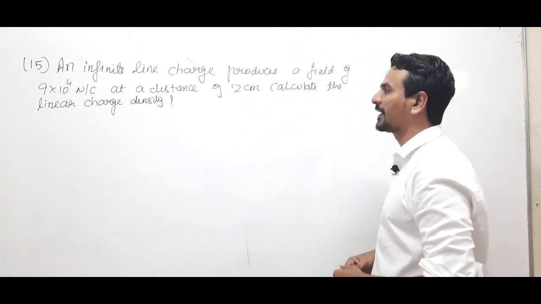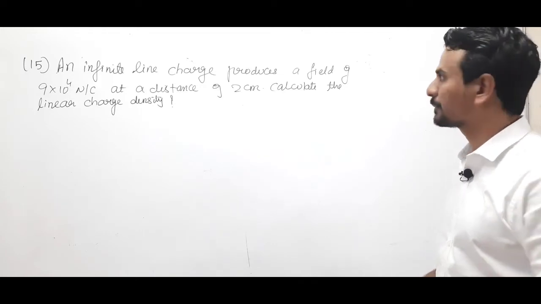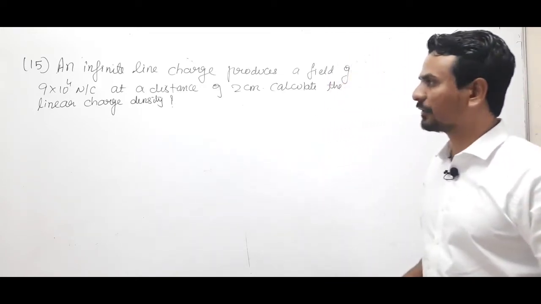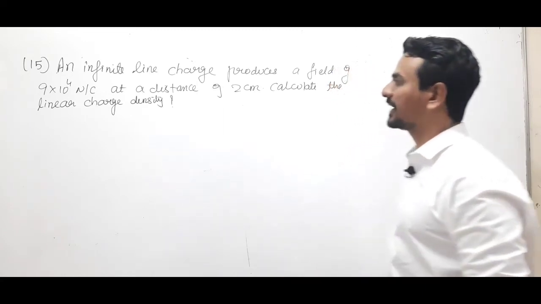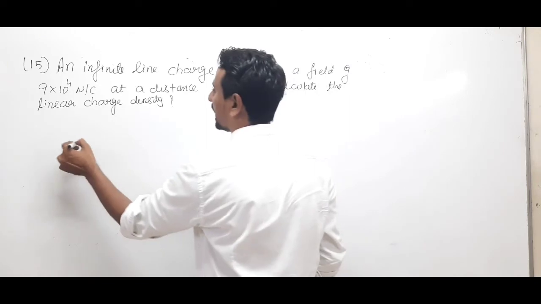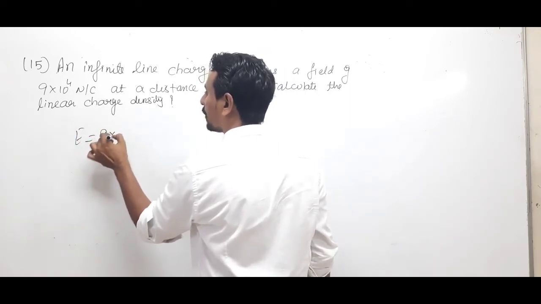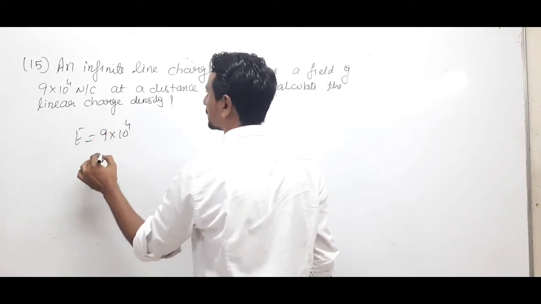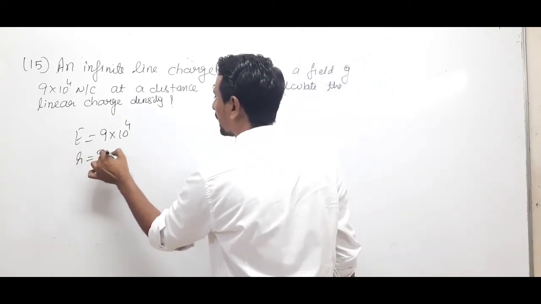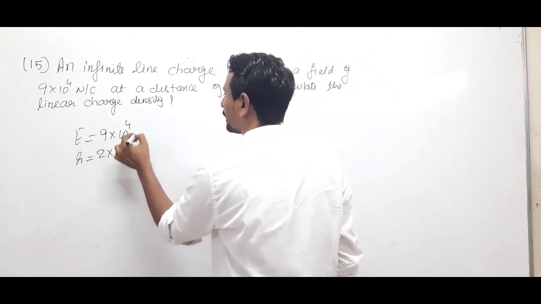15th one. An infinite line charge produces a field of 9 × 10^4 at a distance of 2 centimeter. Calculate the linear charge density. So the electric field due to an infinitely long charged wire is given as 9 × 10^4, and the distance is given as 2 centimeter, that is 2 × 10^-2 meter.